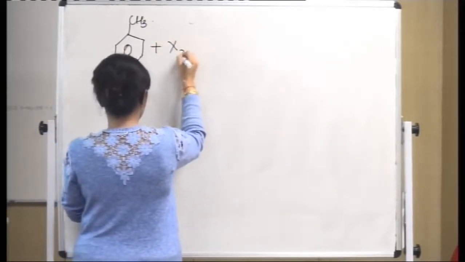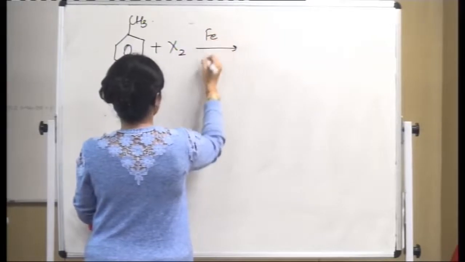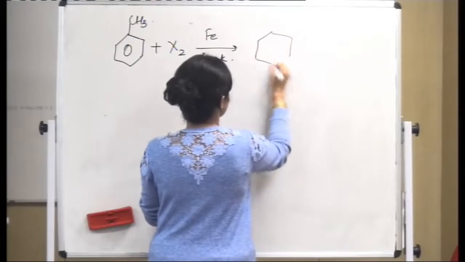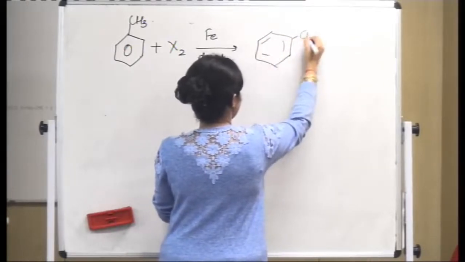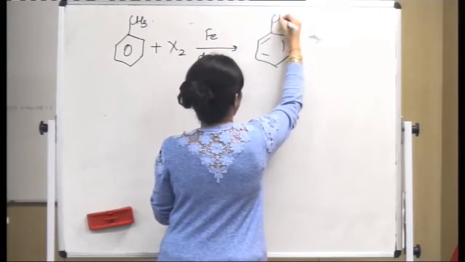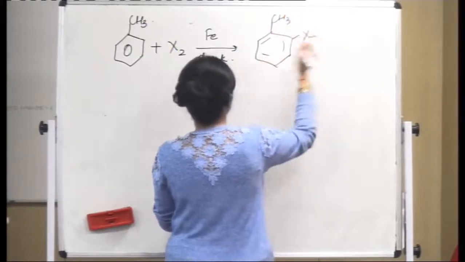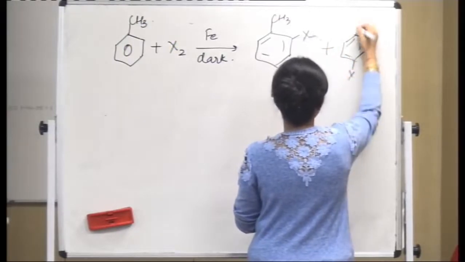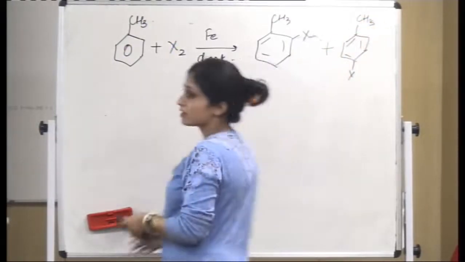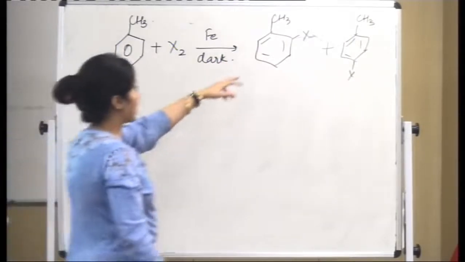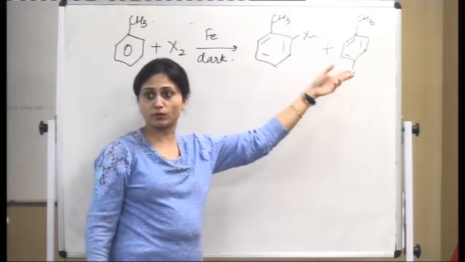You can add X2 in the presence of a catalyst, and this will give you ortho and para products. You can get an X attached at the ortho position or at the para position. This is also a haloarene. This is ortho halotoluene. This is para halotoluene. Okay?